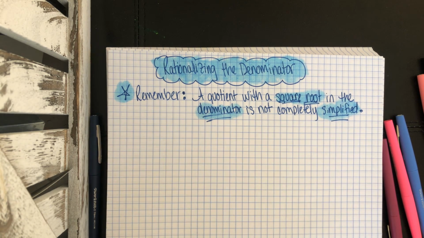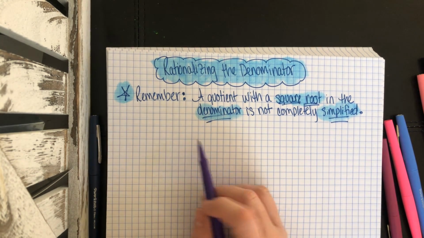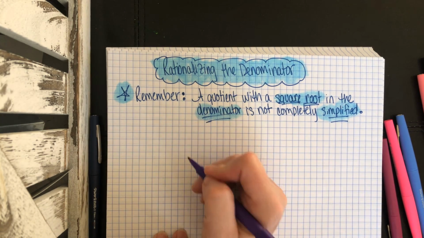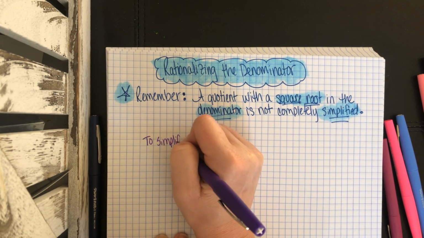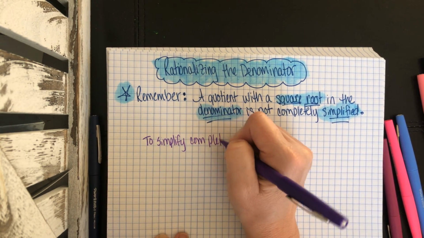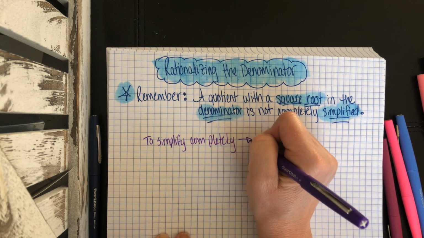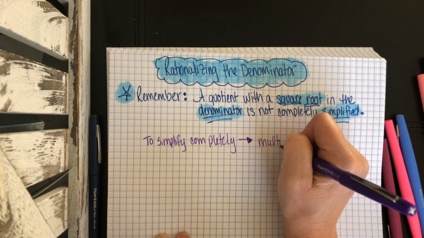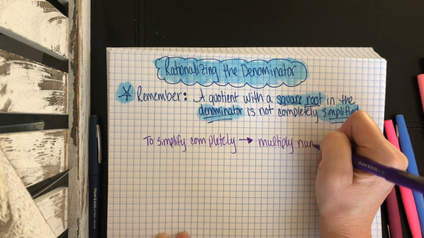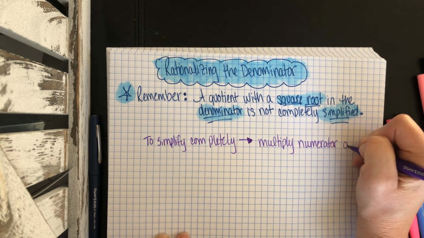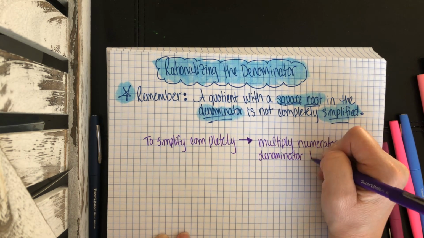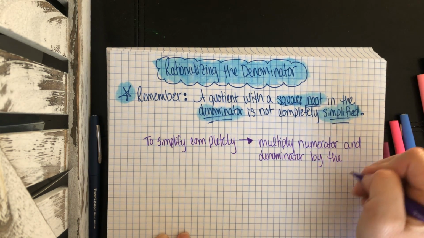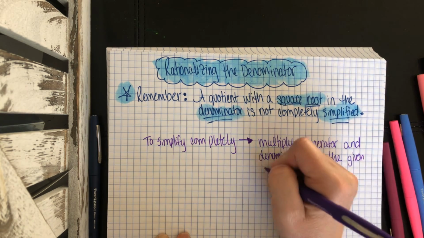Okay, so for an example, well, before we get to the example, what you need to do in order to simplify completely, you need to multiply numerator and denominator by the given denominator.